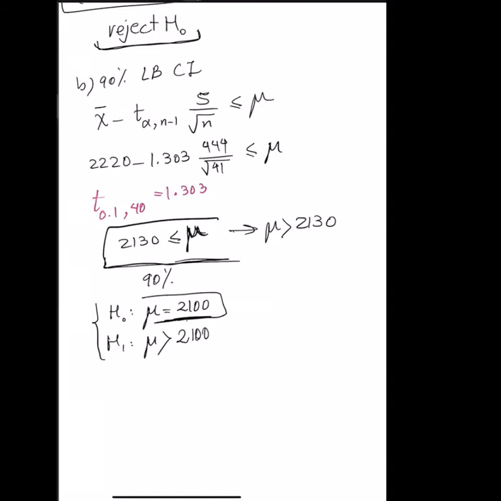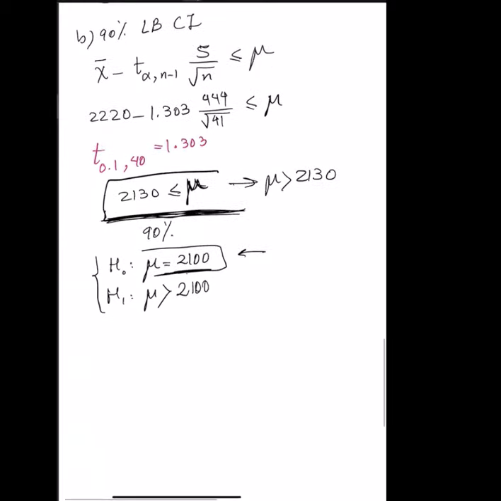You believe with 90% confidence that this unknown mu falls somewhere in this interval, but I'm asking you that mu is 2100. So obviously here you would reject the null hypothesis because it's not.